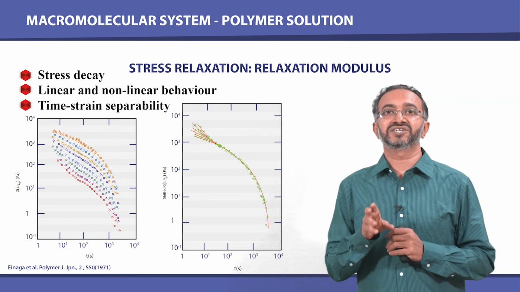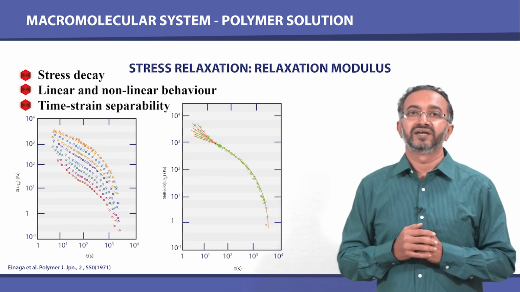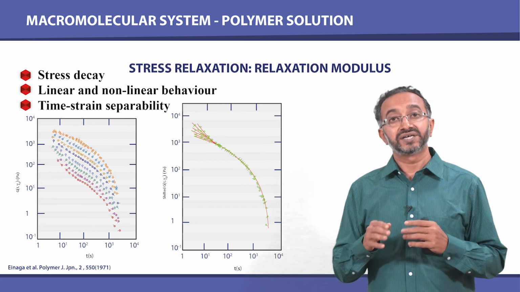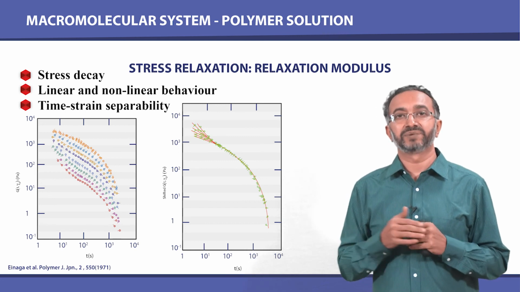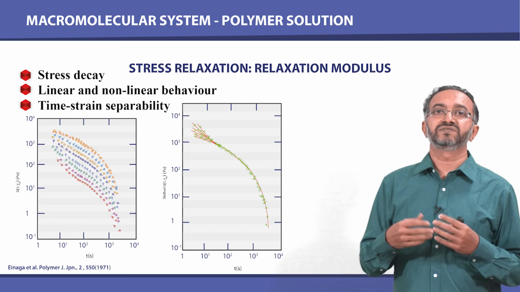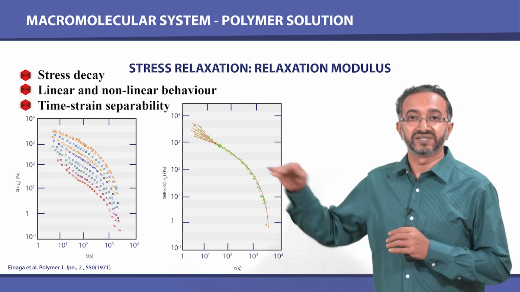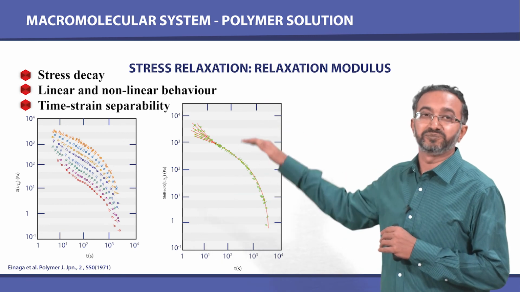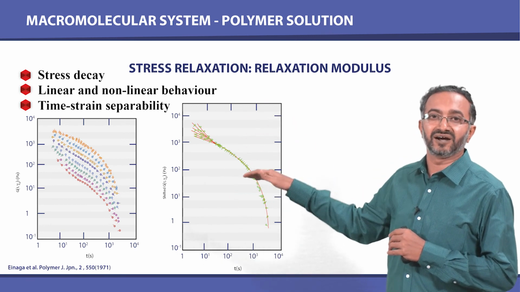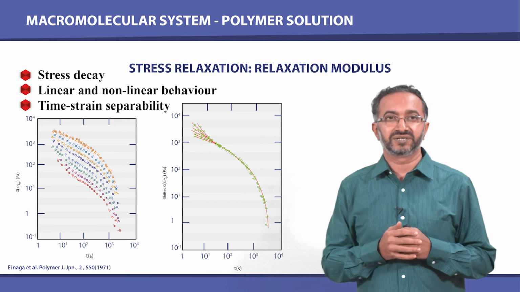Now, what is very interesting in these data is if I scale out the strain dependence, do I observe similar time response? In other words, if I shift the curves vertically, which means I am taking the strain dependence out, do I get the overall same response?